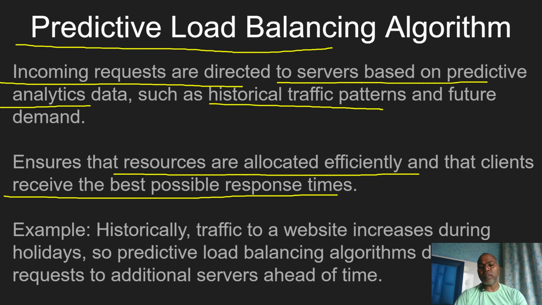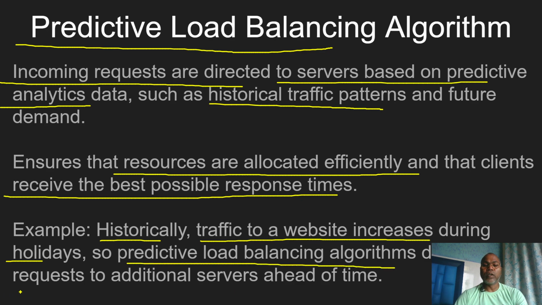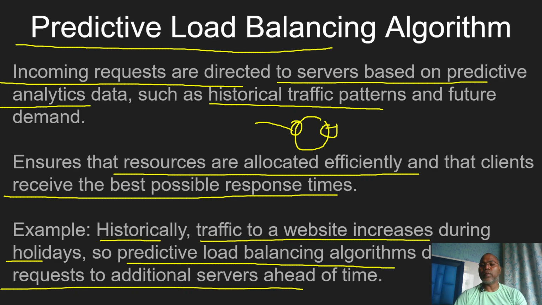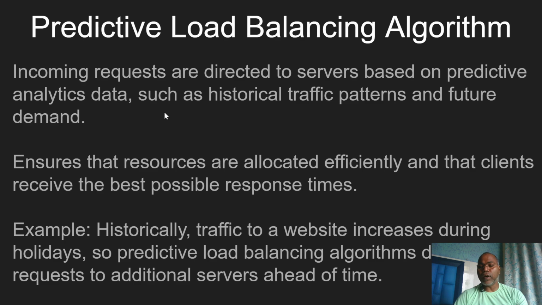For example, traffic to a website increases during the holidays, or every month on the first and second of the month the load is very high, and also at the end of the month. Accordingly, it decides to divert requests to a new server or to servers that are very free.